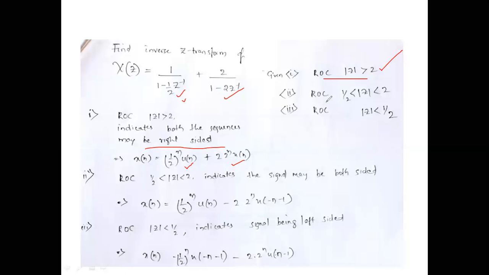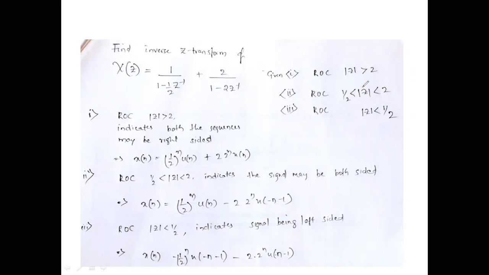In the second case, he has given ROC magnitude Z greater than 1 by 2, less than 2. So it's a concentric ring, right? Do we know that particular property of ROC? If at all the signal is both sided, then my ROC is like this donut, right? So it indicates that the signal is a concentric ring. Then one of them has to be a right sided signal, another one has to be a left sided signal.